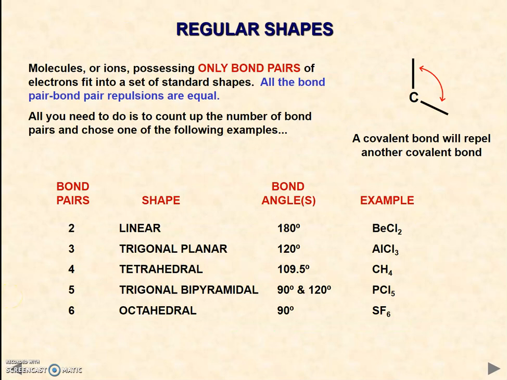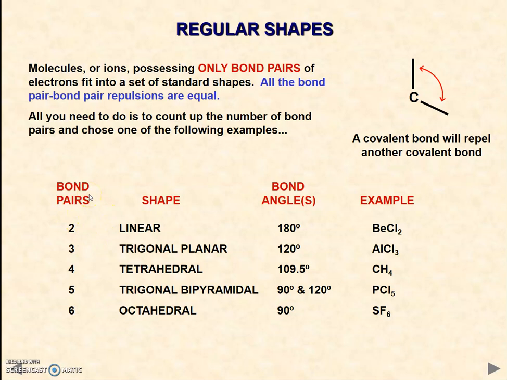This slide contains a lot of the information that you need to know. It shows you the number of bond pairs and also the shape which is associated with the number of bond pairs. Now the bond pairs we're talking about are around a central atom.